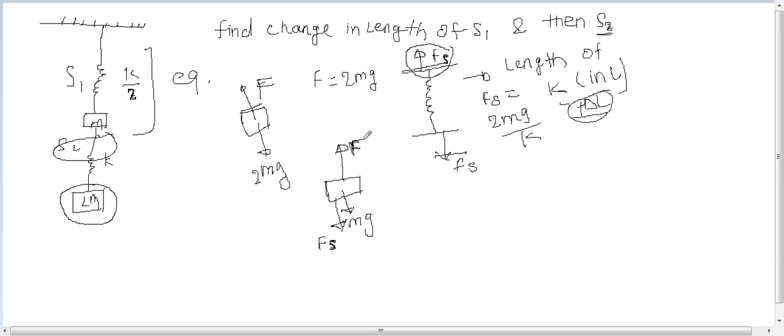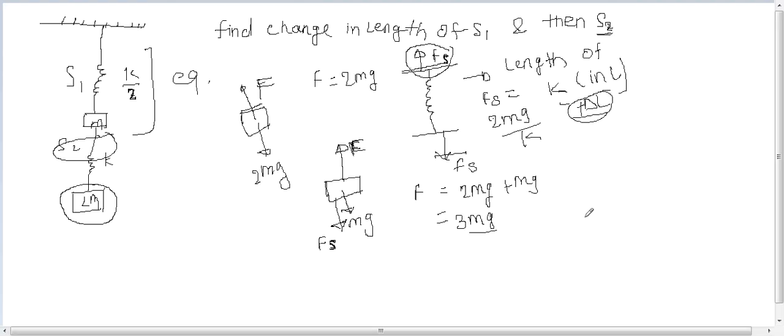So what is the f? Since Fs is equal to 2mg, plus mg, f must be 3mg. So f is equal to 3mg.